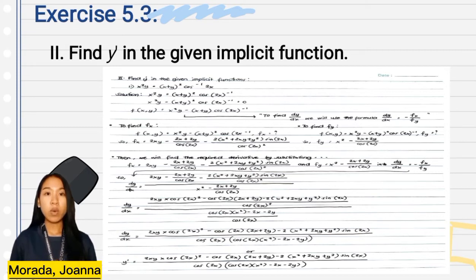So, fx equals 2xy minus 2x plus 2y over cos open parenthesis 2x close parenthesis minus 2 open parenthesis x squared plus 2xy plus y squared close parenthesis sin open parenthesis 2x close parenthesis over cos open parenthesis 2x squared close parenthesis. And then the next one is we will find the first partial derivative with respect to y.